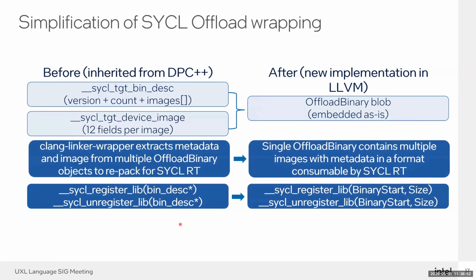And a bit more details, maybe that will help to put together all these puzzle pieces. So what we used in DPC++ for offload wrapping is the following. In DPC++, we are not using offload binary version 2.